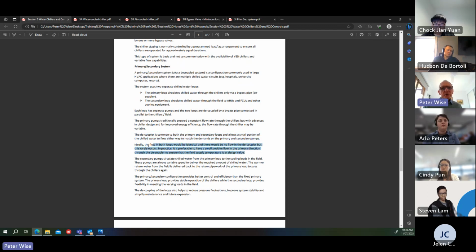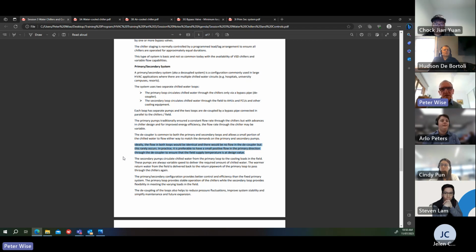I'm just going back over what I briefly said. Ideally, the flow in both loops would be identical and there would be no flow in the decoupler, but this is rare. In practice, it's preferable to have a small positive flow in the primary direction to ensure that the field supply temperature remains at design value. So if you've got that small positive flow through the decoupler, it means that all the water going to the field is at design temperature.